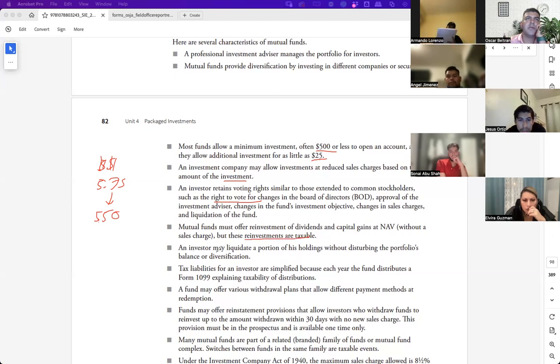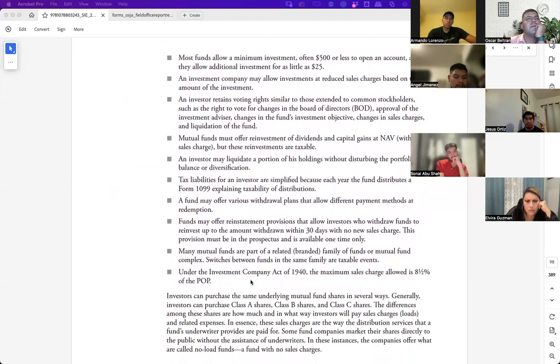An investor may liquidate a portion of these holdings without disturbing the portfolio's balance or diversification. All right, so they're going to get 1099 forms. A fund may offer various withdrawal plans that allow different payment methods at redemption. Funds may offer reinstatement provisions that allow investors who withdraw funds to reinvest up to the amount withdrawn within 30 days. Okay, let's keep going.